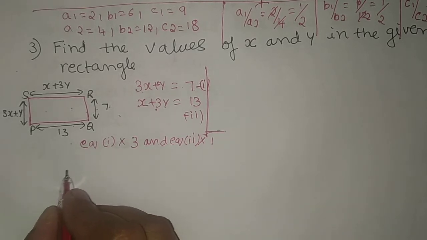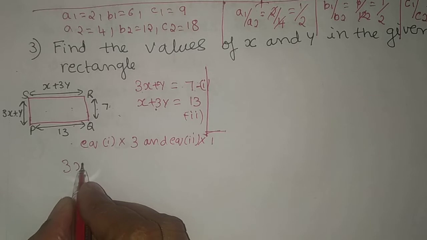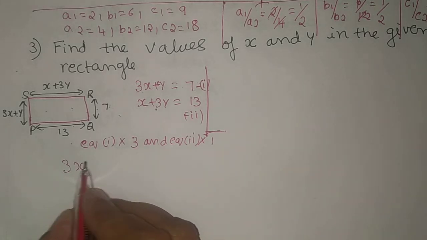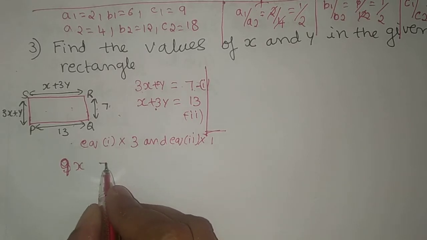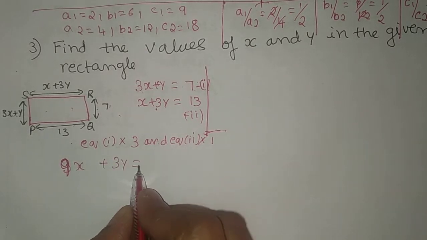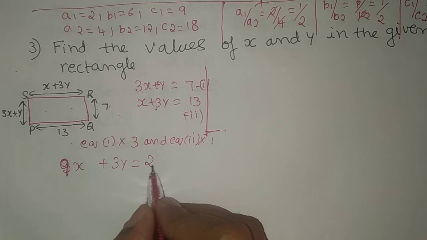The first equation becomes 9x plus 3y is equal to 3 sevens are 21.